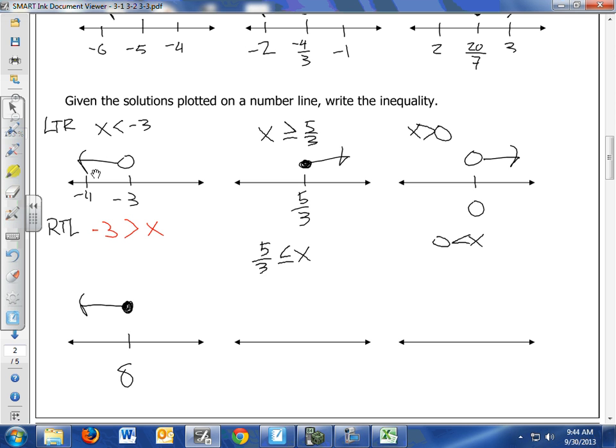So write x. Now, write a statement that says, my solutions are less than 8. My solutions are less than 8. There you go. That's it. Now this one was for that one. Yeah. Now, write this from right to left.